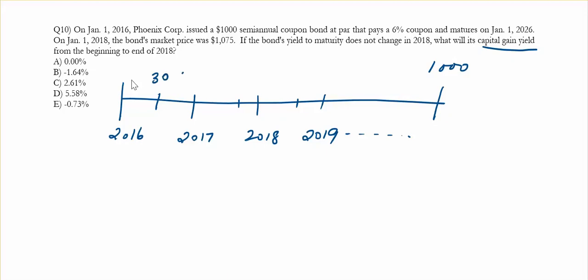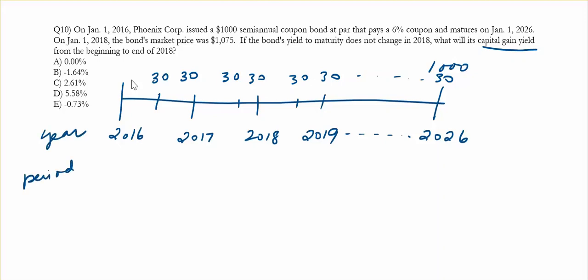But it's semi-annual. So $1,000 times 6% divided by 2 is $30. So it's going to pay $30 every 6 months, right up to the last date. It matures in 2026. So I'm writing the years here. Then it's helpful to write the periods separately. So 10 years passes from 2016, so a total of 20 periods.